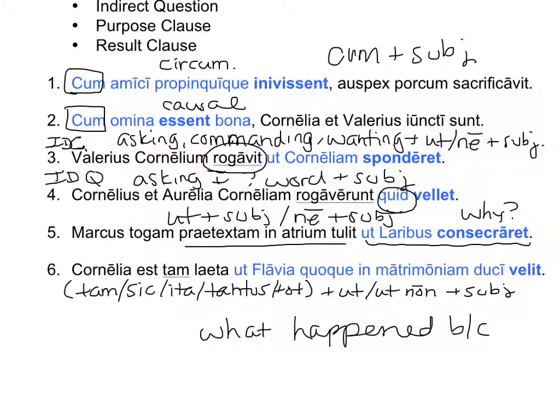So it's almost the reverse. In a purpose clause, we're answering why something happened. In a result clause, we're answering what happened because something else happened. So Cornelia wasn't happy in order that Flavia would want to get married, but Cornelia was happy, and as a result, Flavia saw this happiness and she wanted to get married also. So those are the kind of things that you're thinking about when you see these subjunctives, so that you can indicate whether you have a purpose clause or a result clause.